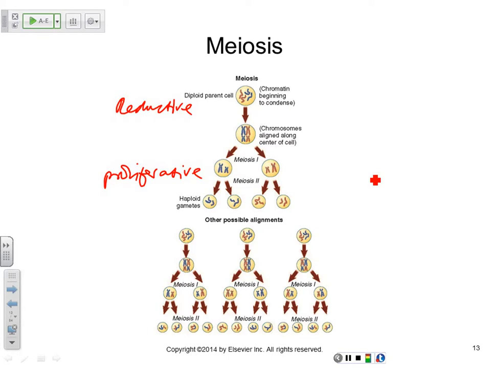But what this is showing is the concept of independent assortment, right? So these chromosomes can associate with any other chromosome, so that the thing that you want to achieve here is that you have different gametes, so that each gamete is unique. It's got its own unique genome in it, okay?